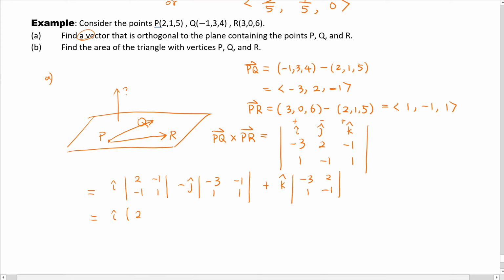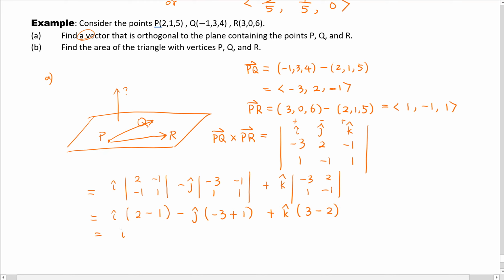Then cross multiply. 2 times 1 is 2, minus negative 1 times negative 1 is 1. j: negative 3 times 1 is negative 3, minus 1 times negative 1 is negative 1, but minus negative 1 becomes plus 1. k: minus 3 times minus 1 is 3. Minus 1 times 2 is 2.